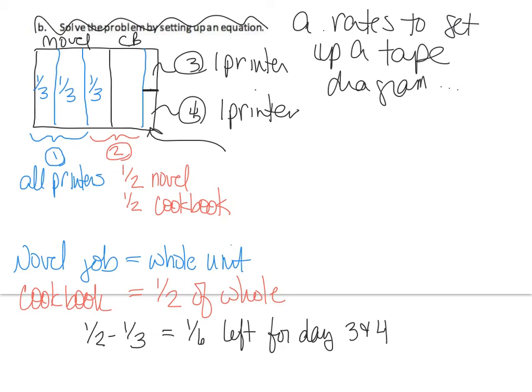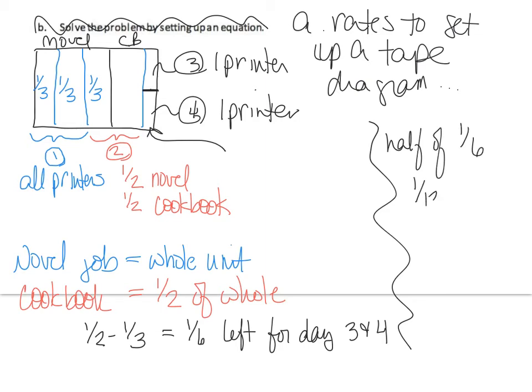So a 1/6 is left for days 3 and 4, and if I actually did half of a 1/6, I would get a 12th each day. Okay, go ahead and push pause and you can copy that down. Move into the next slide.